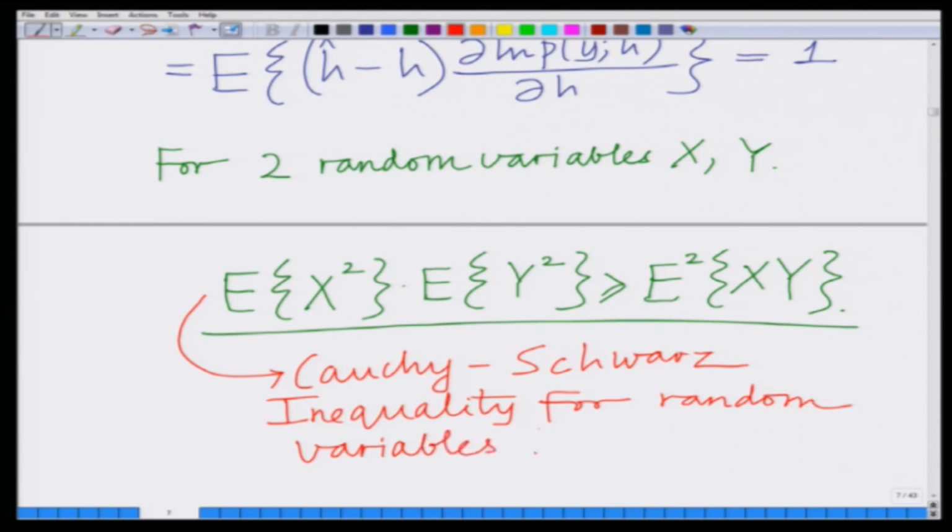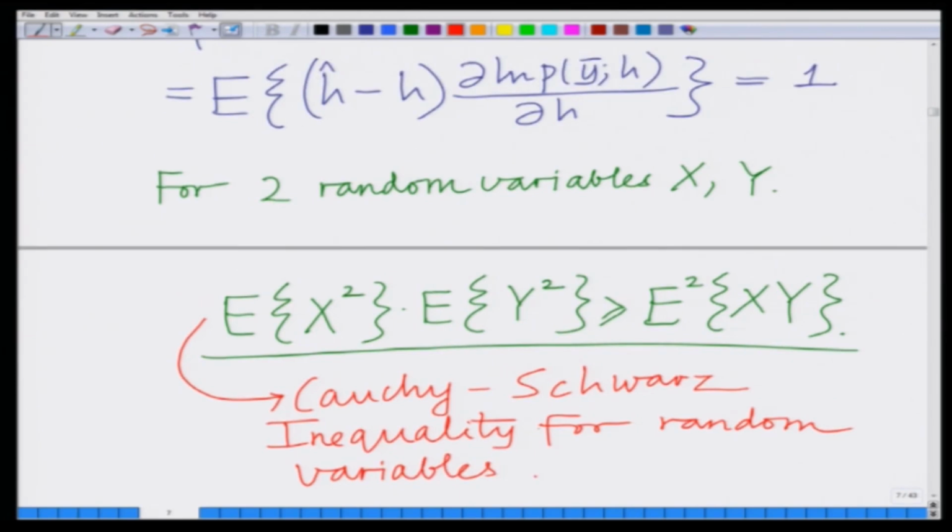Now we can use this Cauchy-Schwarz inequality on this product by treating h hat minus h as our random variable x, and treating the derivative of the log likelihood function as our random variable y.